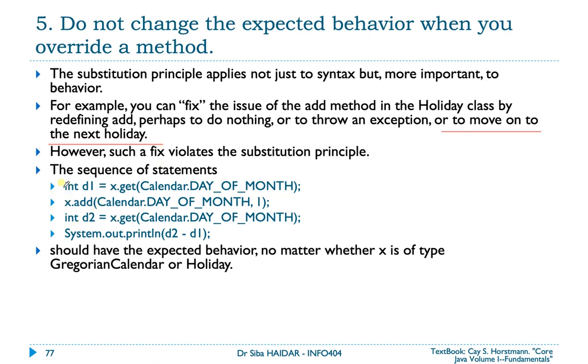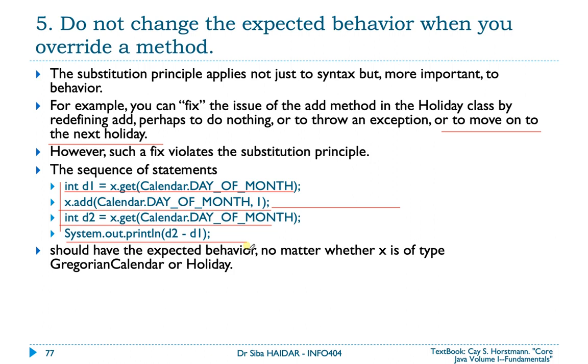Then you innocently get the day of the X, and then add one value to X, which is now redefined to go to the next holiday. Then you get D2, which is the day of the month after the adding, and then you want to print the difference between D2 and D1.